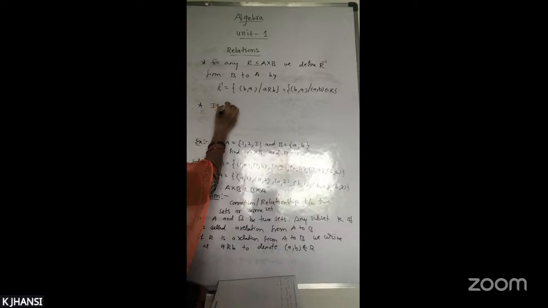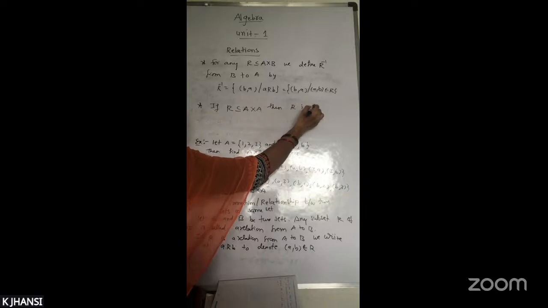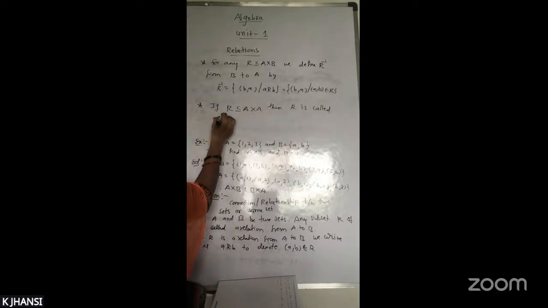With the set A, we are doing the relation to itself. Then R is called a binary operation.